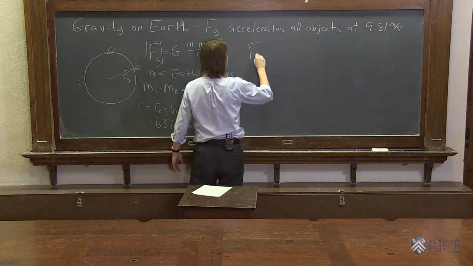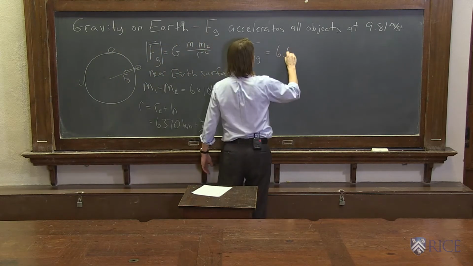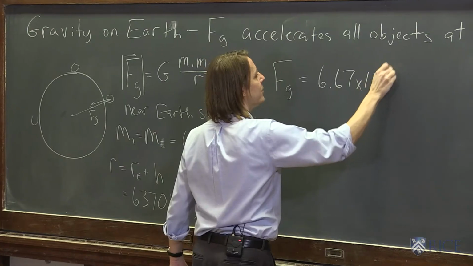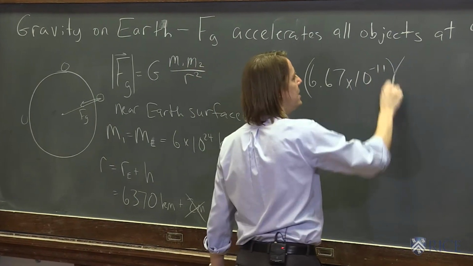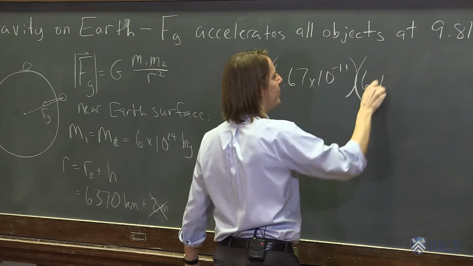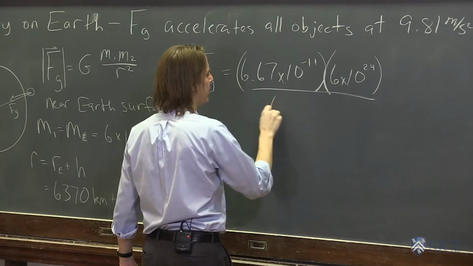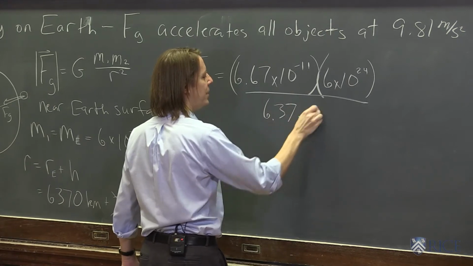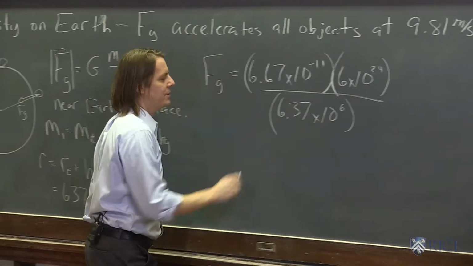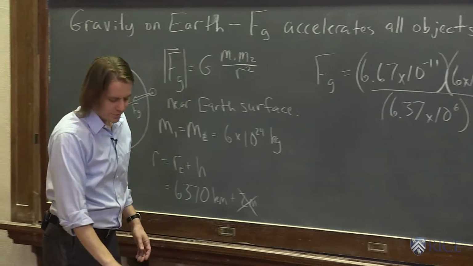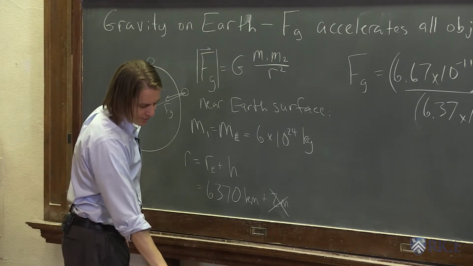Then Fg would be 6.67 times 10 to the minus 11, which is big G, and mass of the Earth is 6 times 10 to the 24, and then this would be 6.37 times 10 to the 6, if we're doing everything in MKS units. Since I didn't write any units, you can assume I did this in MKS units.